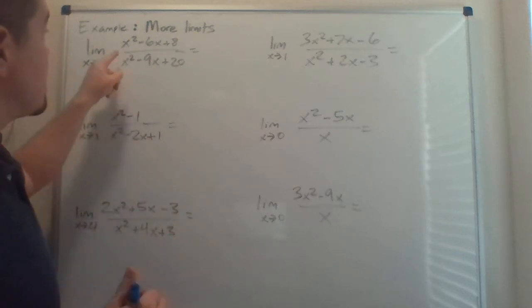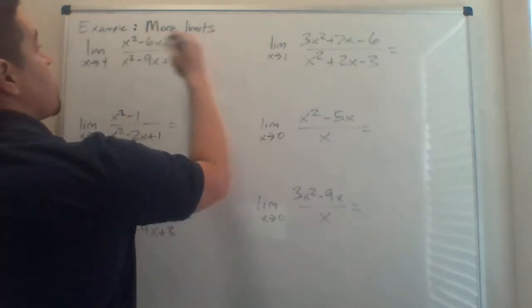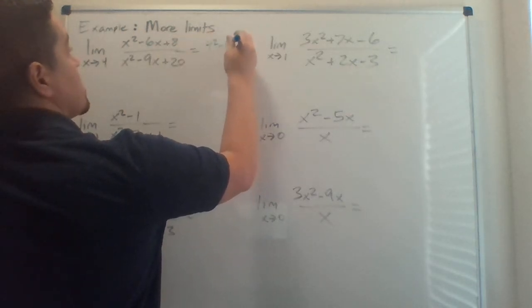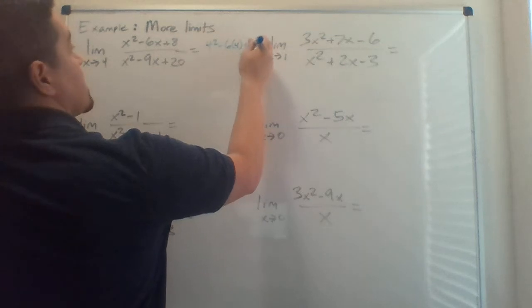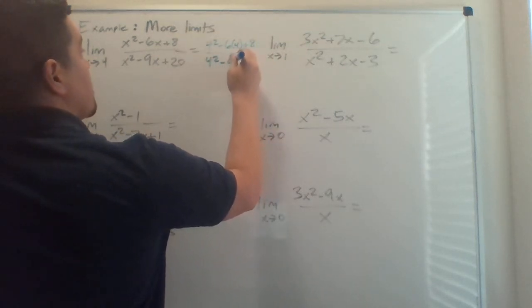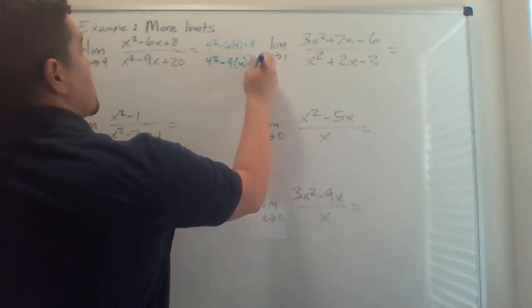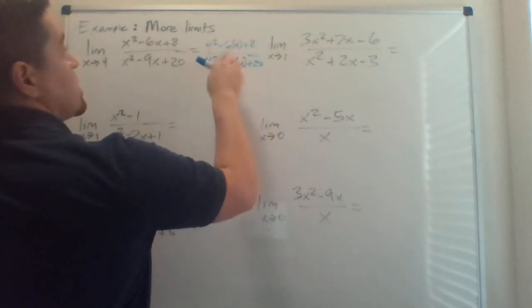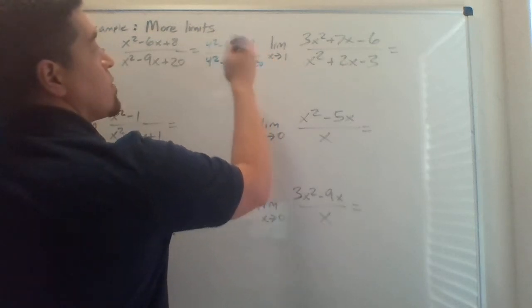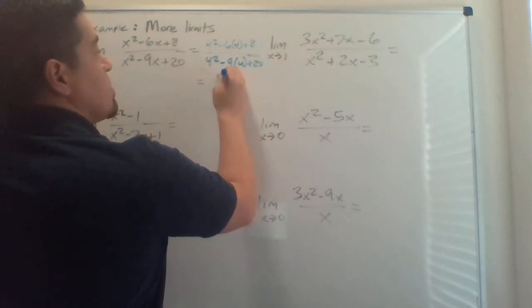So if we do this, we'd end up with 4 squared minus 6x, which would be 4 plus 8, over 4 squared minus 9 times 4 plus 20. What turns out the top would be 16 plus 8, which is 24, minus 6 times 4, which is 24. That turns out to be 0.